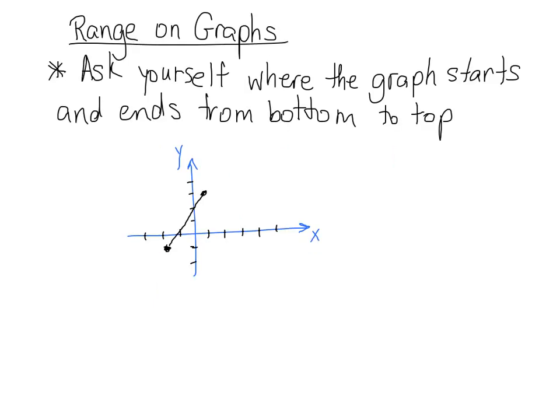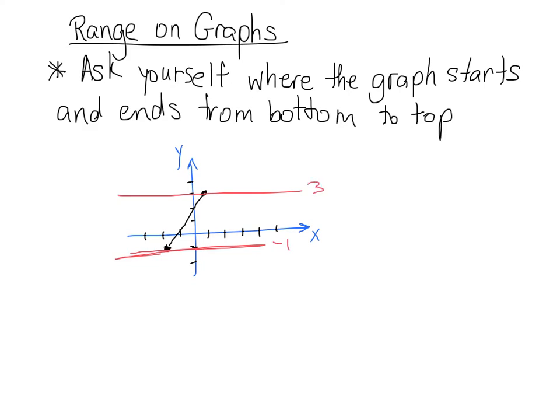Okay, so remember that for domain, we were asking ourselves, where does this graph start and end from left to right? Well, in range, what we're asking ourselves is, where does this graph start and end from bottom to top? So we can actually put this in a box, kind of like borderline the bottom off and borderline the top. And we can see that this line is at -1, and the top line is at 3.